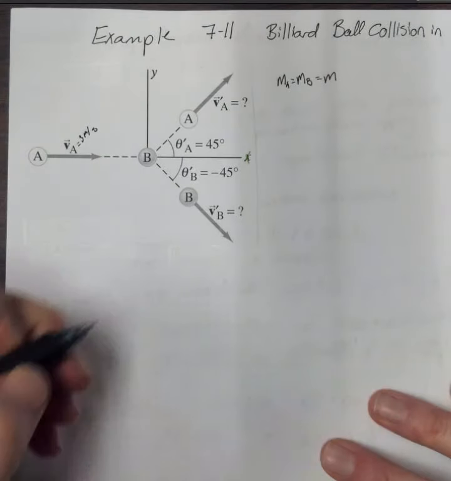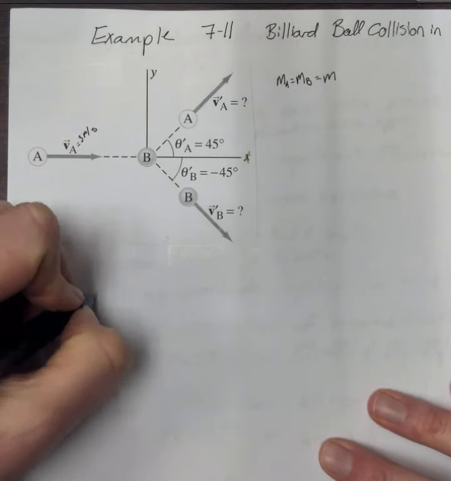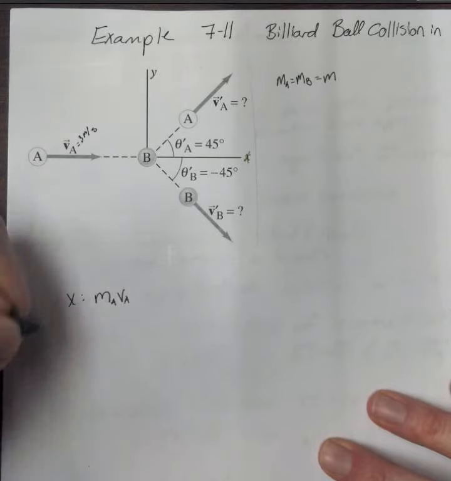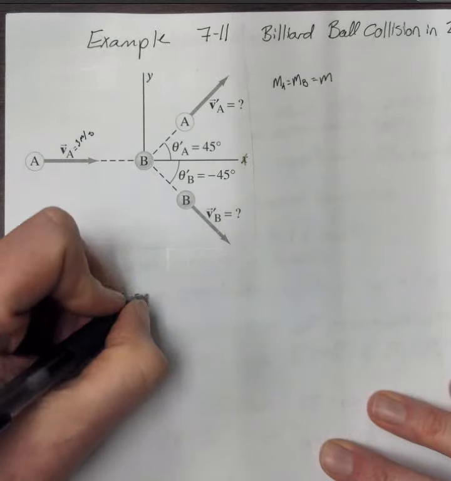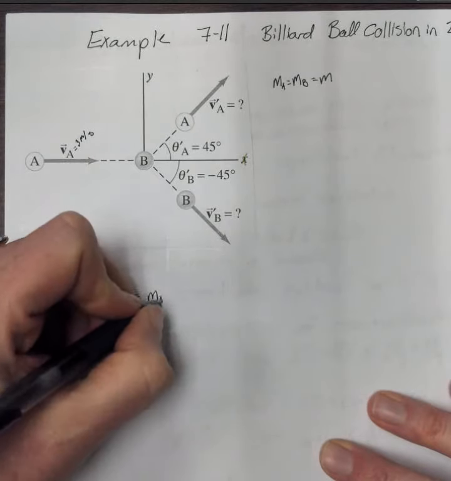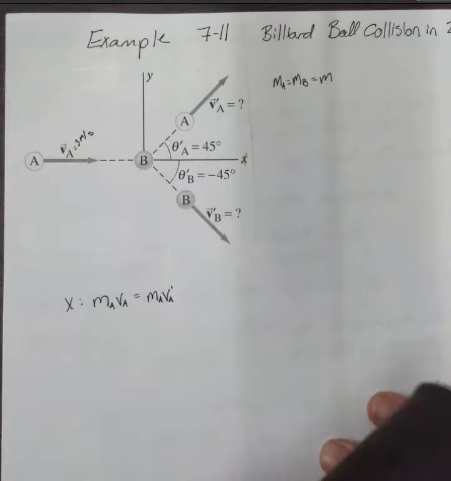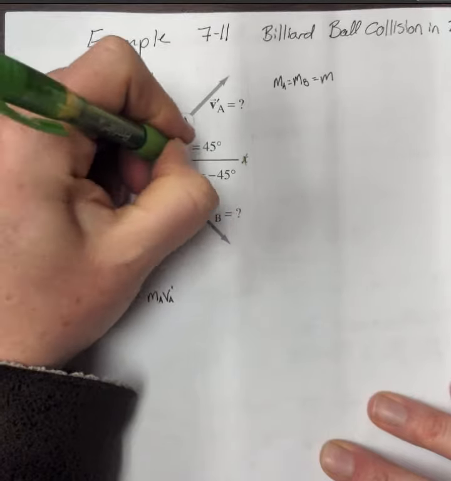So we'll set it up for the x-axis first. We'll say that the mass of object A times the velocity of object A before the collision is going to be equal to the mass of object A times the velocity of object A after the collision, but we are only looking for the x component of that value.